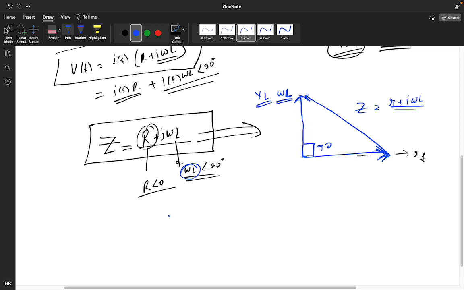If you want to calculate the value of Z, you need to take root under R square plus omega L square.